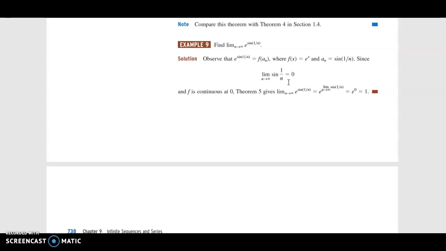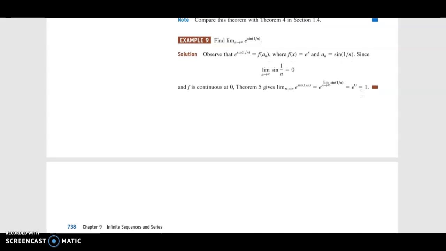So by the Sandwich theorem, this is equal to 0. Then use the previous theorem: the limit as n tends to infinity of e raised to sine 1 by n is e raised to the limit as n tends to infinity of sine 1 by n, that is e raised to 0, which is equal to 1.